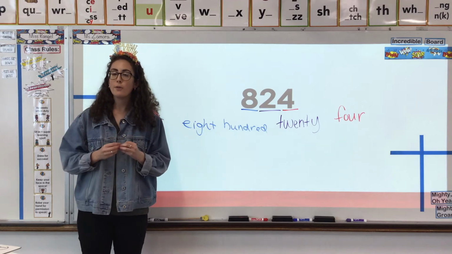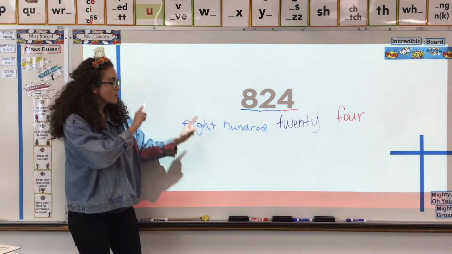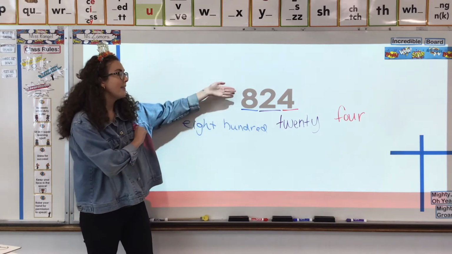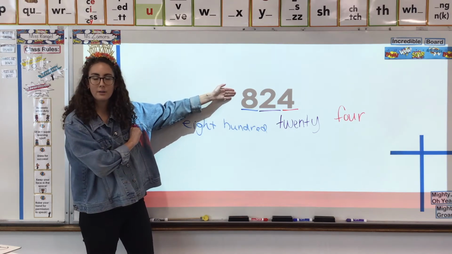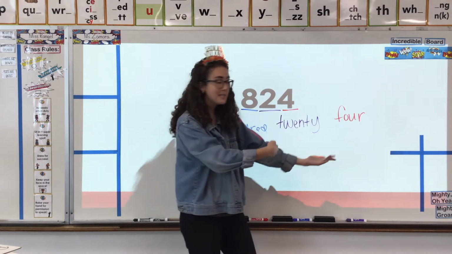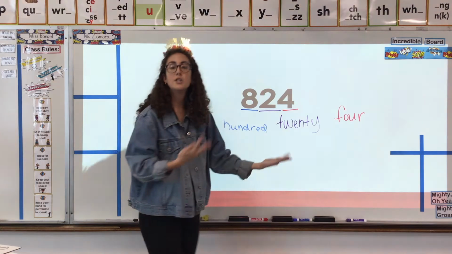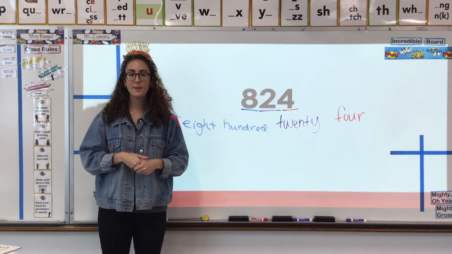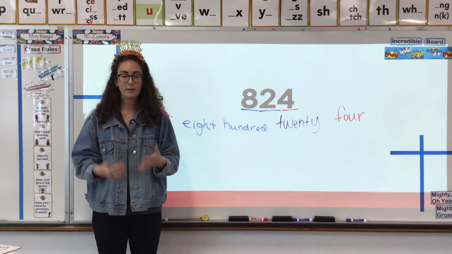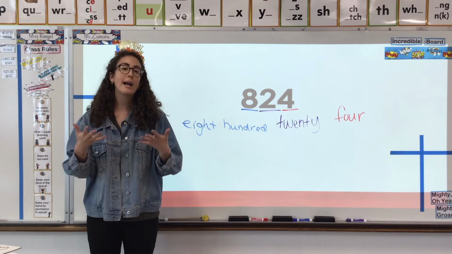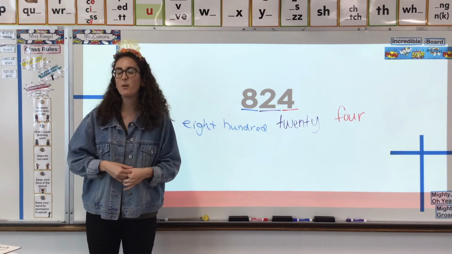What needs to be your focus in word form is writing the words in the correct order that match the number. So you need to first write out the hundreds, the tens, and the ones, just like you would when you're writing a number with digits. So that's what you're focusing on. That you're writing the words in order and try your best with spelling, because I know it's tricky.